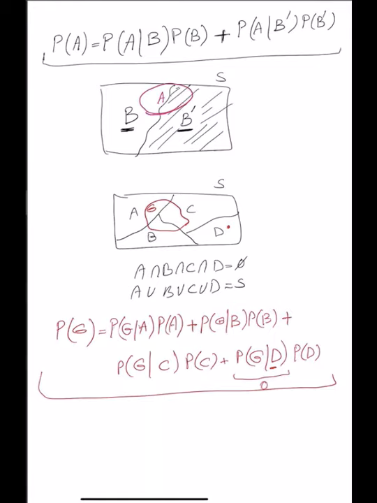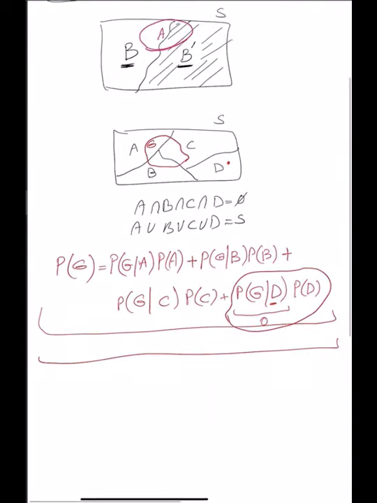So in this specific example, this whole part will be 0. And that's fine, but this is still the general formula. I would always recommend writing the general formula correctly. If some part of it is 0, then it's 0. You put 0 and you're fine. Okay, so that's the total probability rule.